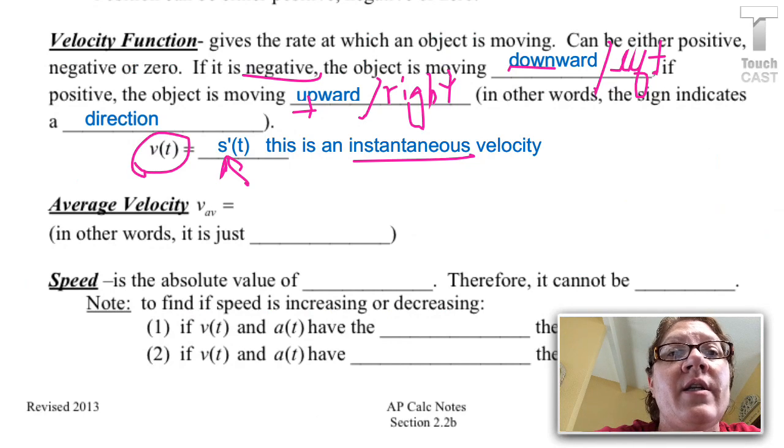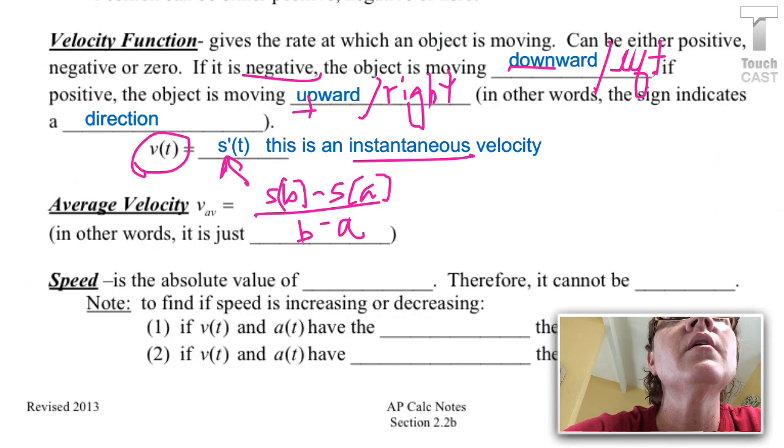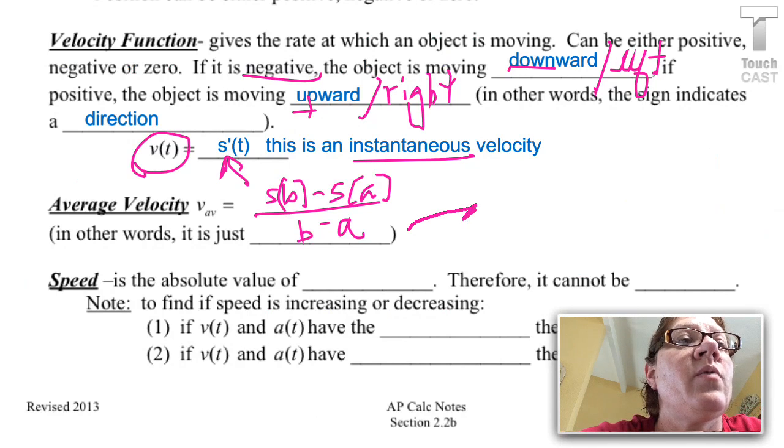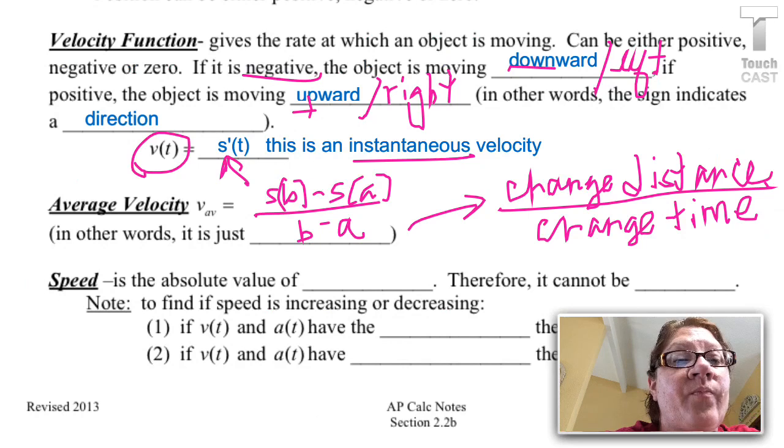Now, for average rate of change, average velocity, I'd have to use my slope formula, which would be s of b minus s of a over b minus a. In other words, we could call that change in distance over change in time.